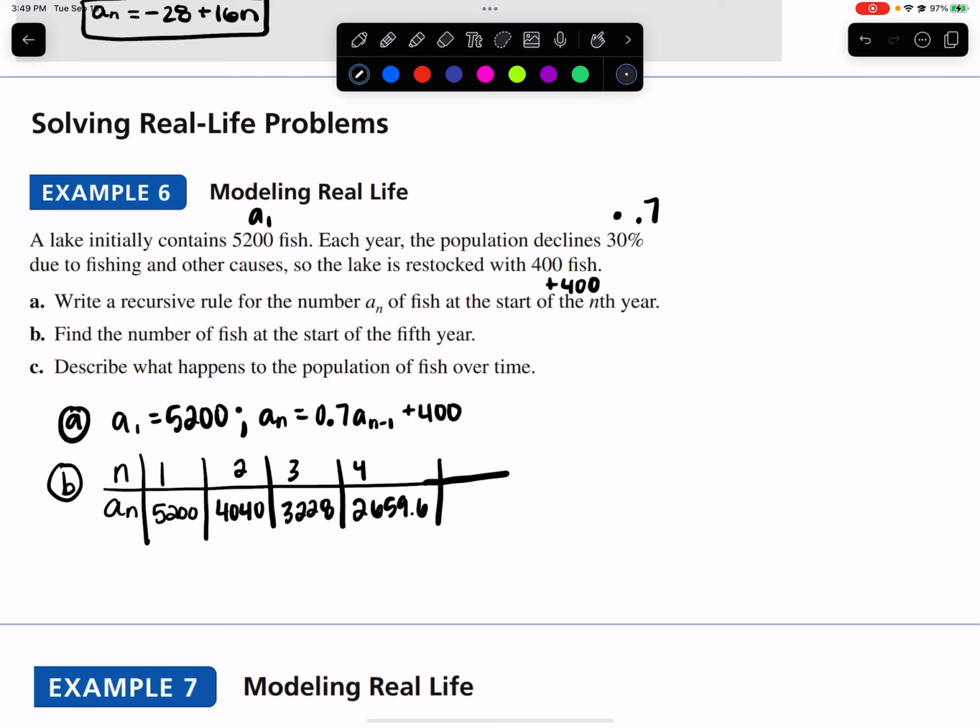And then at the start of the 5th year, I'm taking that times 0.7 and then adding 400. So 2,261.72. Obviously, if we're talking fish, we're going to round. And we're going to say 2,261 fish. I'm going to round down because we're going to have less than what the decimal says.